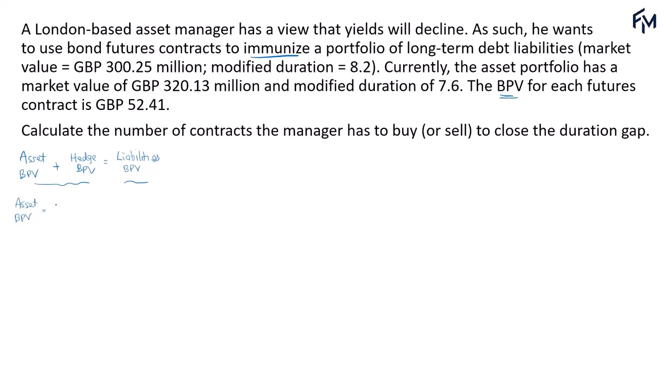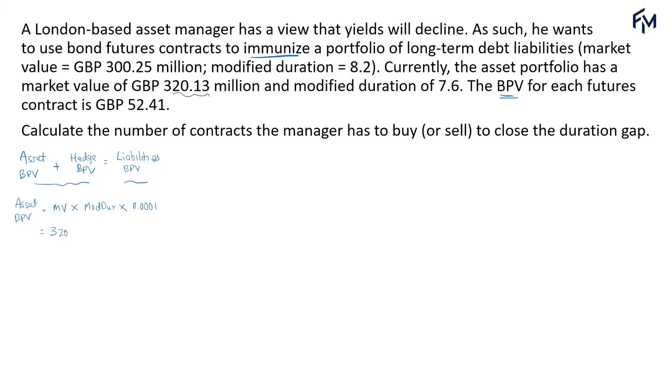So the asset BPV is equal to the asset's market value multiplied by the modified duration of the asset, and then we will multiply by 0.0001, which is 1 basis point. Some may prefer to use 1 over 10,000, but it will lead to the same answer. So the asset BPV in this case is based on the market value, which is £320.13 million.